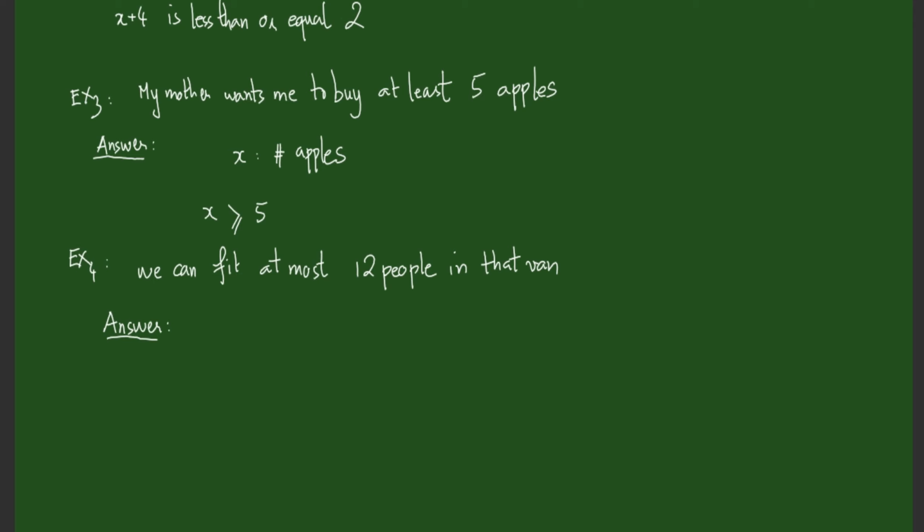At most, so if I call n the number of people, at most means that it cannot be more than 12. So I can write n is less than or equal to 12. You need to write this, and if on the test I have a question like this, make sure you write that n is the number of people, so that I know what you mean by n.